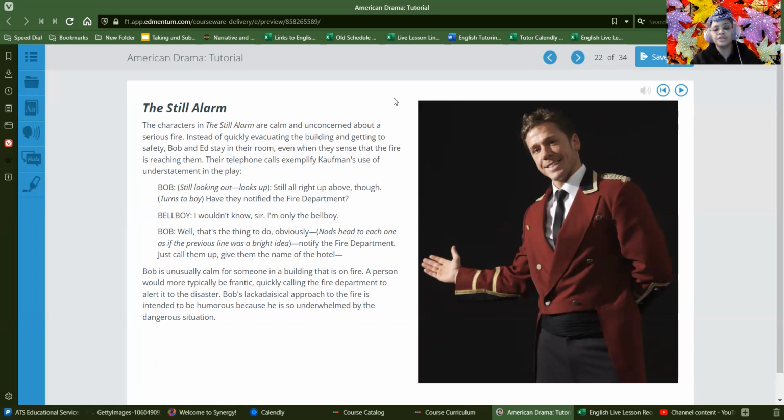Everyone in The Still Alarm is calm, unconcerned. They are unbothered by the fact that this building is on fire, even though it's serious. So pretty much everyone was directed in this play to deliver their lines as if they just got a posh lunch invitation. So everyone is supposed to react underwhelmingly to the fire.